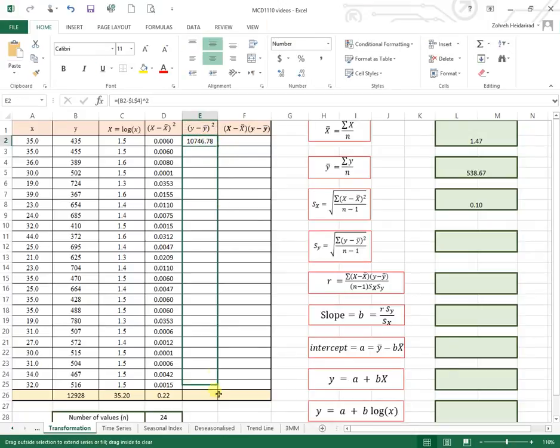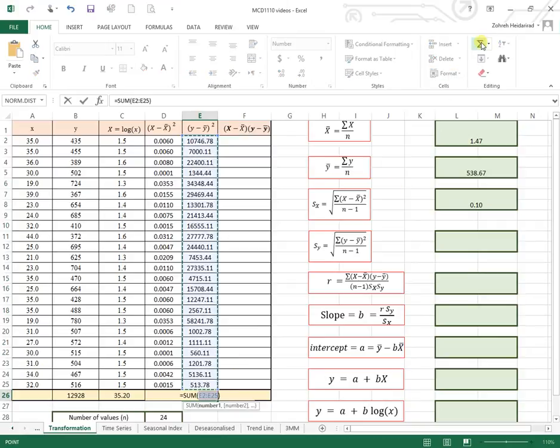We drag it down to apply to the rest of the cells and click on AutoSum to have the total. And the standard deviation of y is the square root, SQRT, of this total divided by n minus 1.